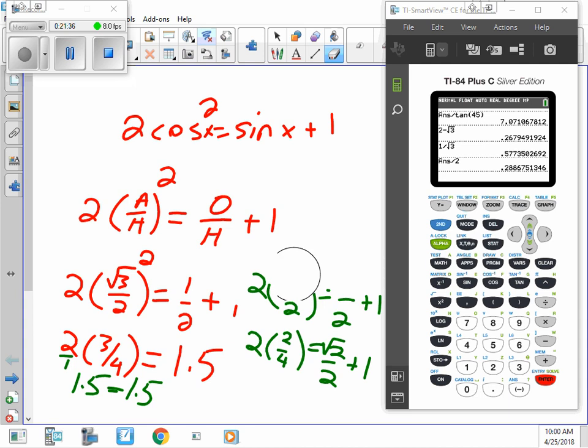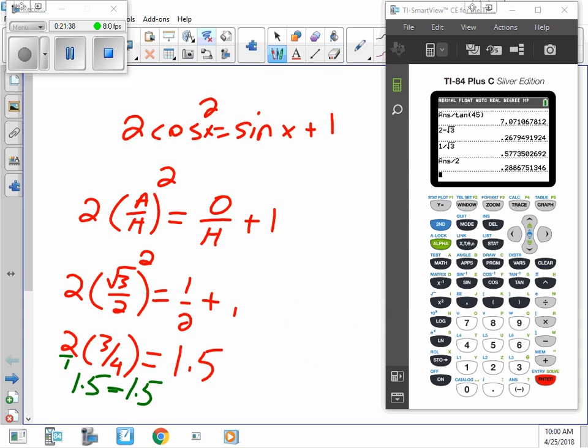What about 90 degrees? So that would be 2 times 0 squared equals 1 plus 1. Is that true? No. So at 180, 2 times 1 squared equals 0 plus 1. Is that true? Or wait, one of them's negative. This would be negative. No, I lied. That's positive. This is negative. So that one didn't work.